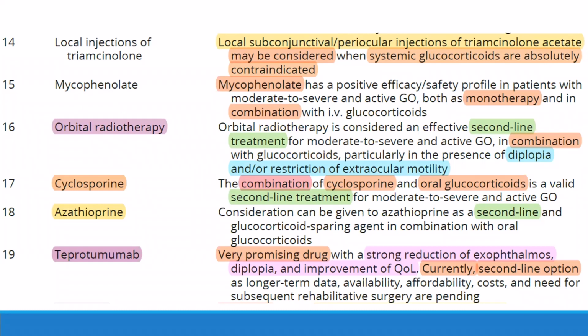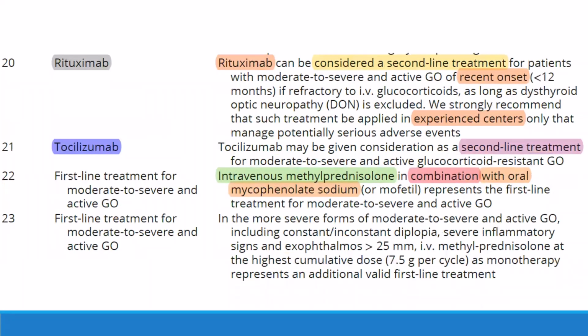I gave some recent papers about teprotumumab and showed the Graves' orbitopathy pictures before and after treatment, and placebo images. So teprotumumab is currently recommended as a second-line option given longer-term data availability, affordability, and the cost, and some patients need subsequent rehabilitative surgery.